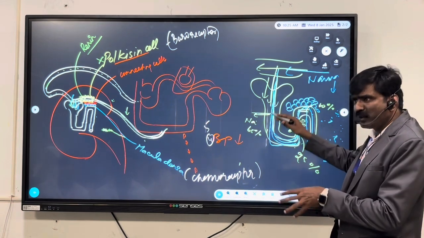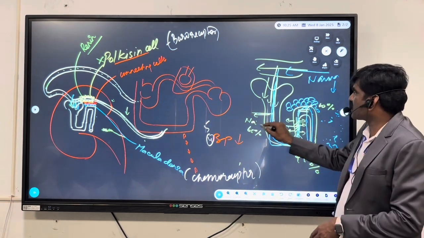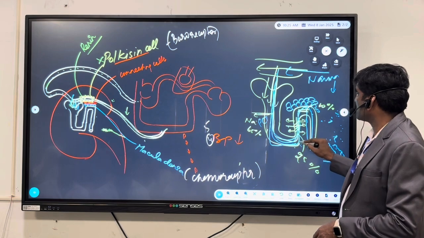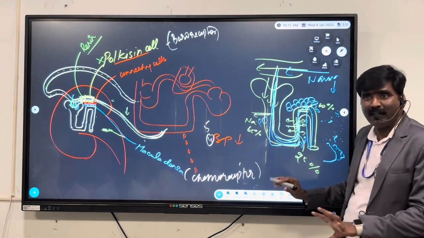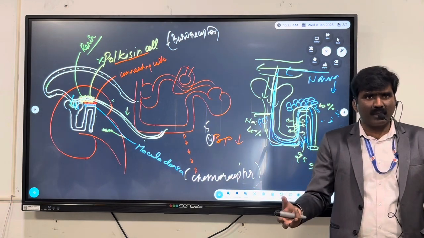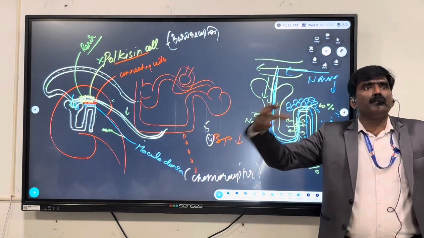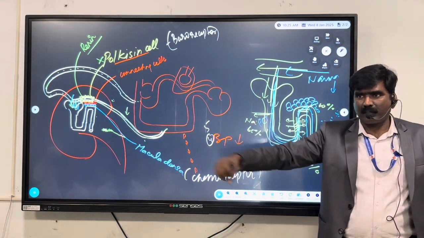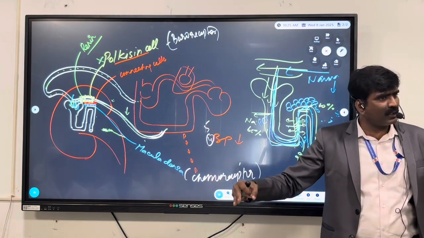Because the fluid is moving slowly, the proximal convoluted tubule and distal convoluted tubule have more time to work on the fluid and absorb more sodium. Are you clear?